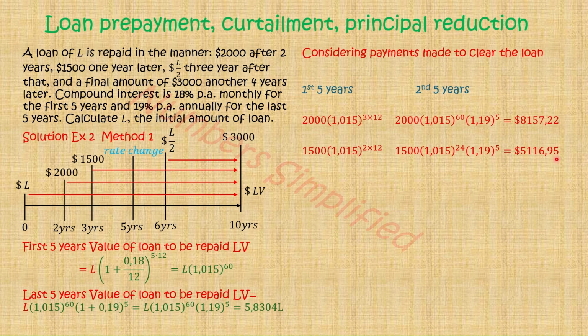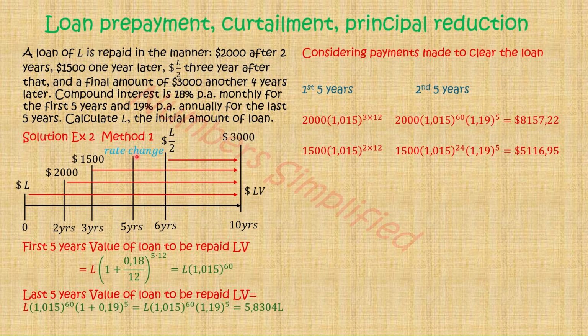Right, so we move on. Before we move on to the next payment, we see that the rate changes beyond 5 years, because after the 1,500 payment, there was no other payment that was made in the first 5 years. Now we move on to the second 5 years.